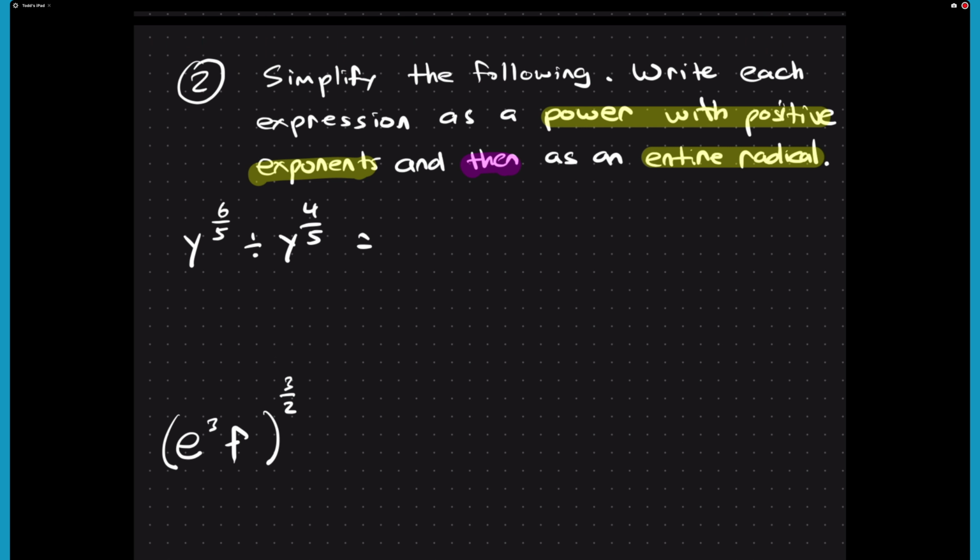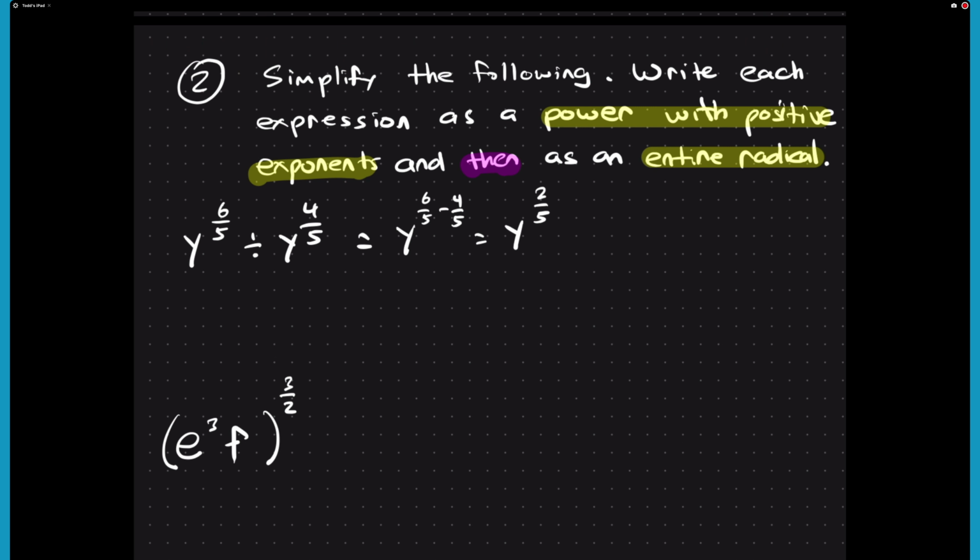So remember, when we're dividing, if the base is the same, then we subtract the exponents. So this becomes y, and it's raised to the power of 6 over 5 minus 4 over 5, which is going to equal y raised to the power of 2 over 5.